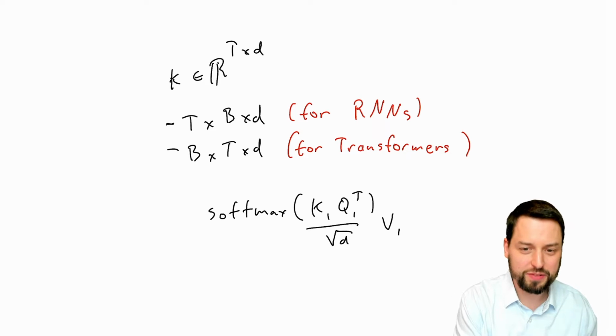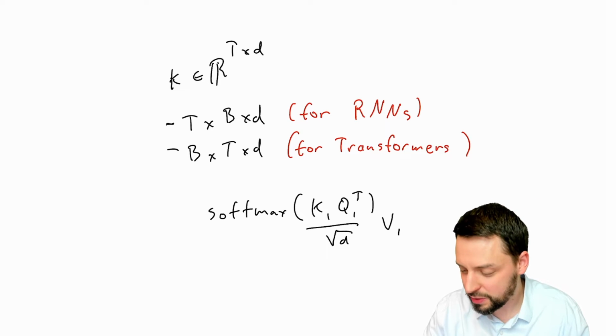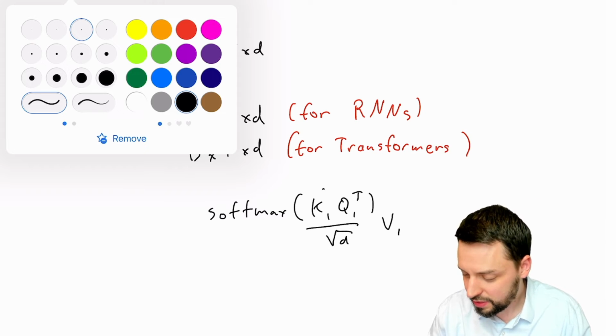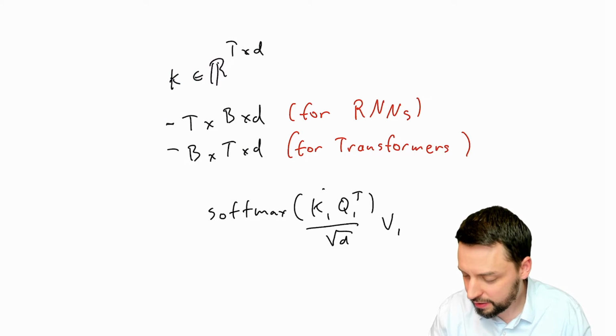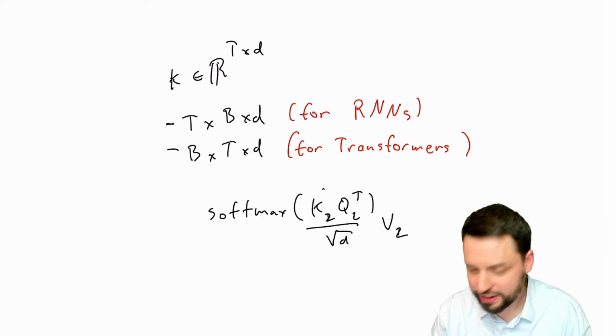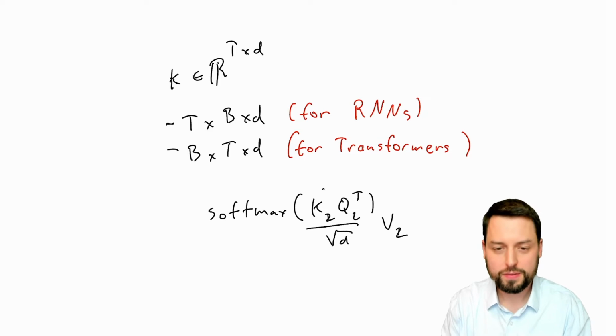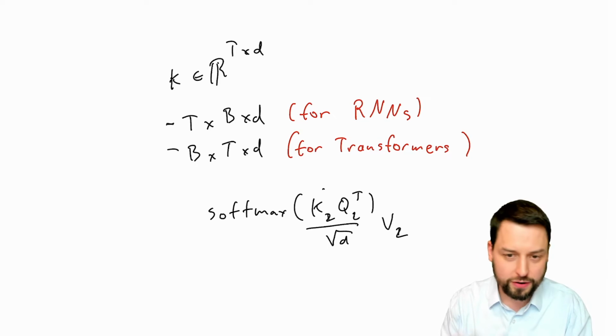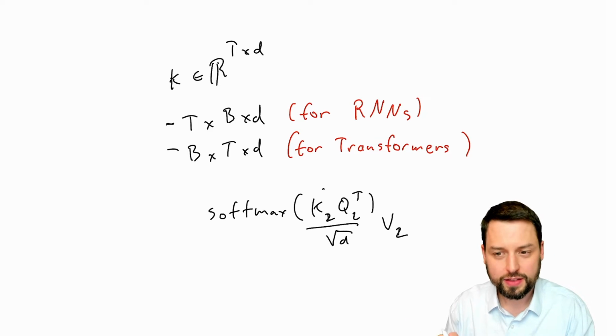The next one, with Q2 and K2, would be the output of our next batch, etc. Okay. But it turns out there's a subtlety here that is worth mentioning.